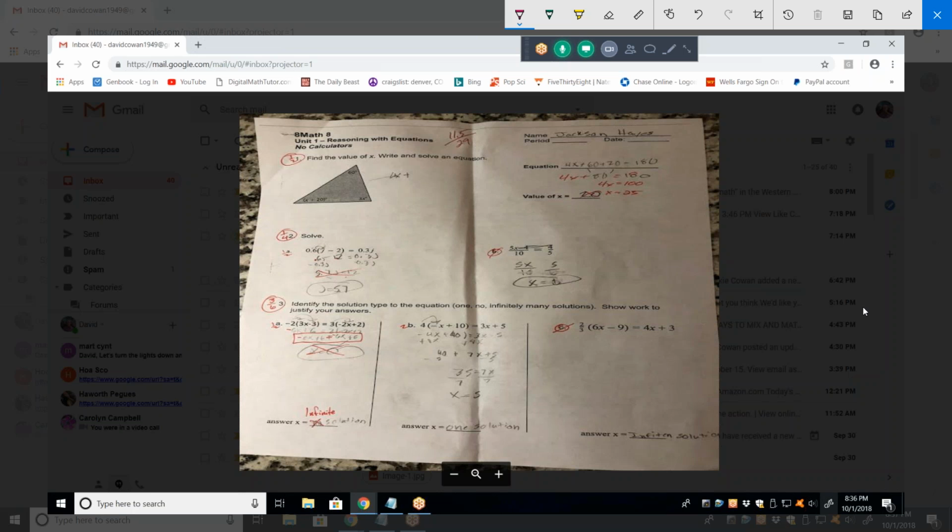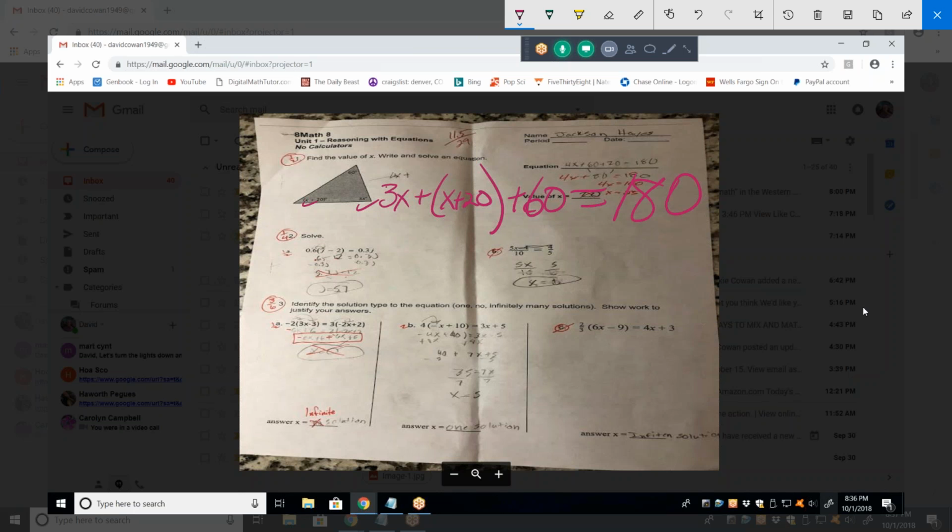4x plus 60 plus 20 equals 180. Yeah, I think it's 3x. This angle is 3x on the lower right, plus x plus 20. That's the angle on the lower left. Plus 60. That's the third angle. That's equal to 180.